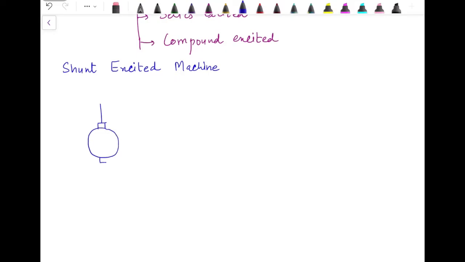The armature winding, and the field winding is connected in parallel to this, and here we have the terminals.